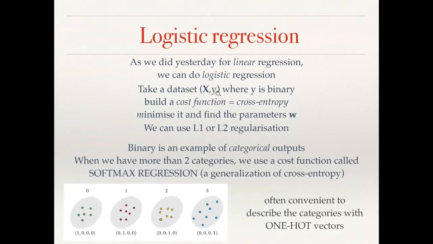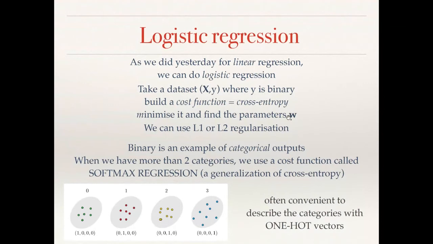Here, the outputs will be either 0 or 1. We will build a cost function which, instead of being just the error, the difference between your prediction in number of rides and the reality, is going to be this cross-entropy function. We are going to minimize it, and with that, find the parameters that lead to the best prediction.